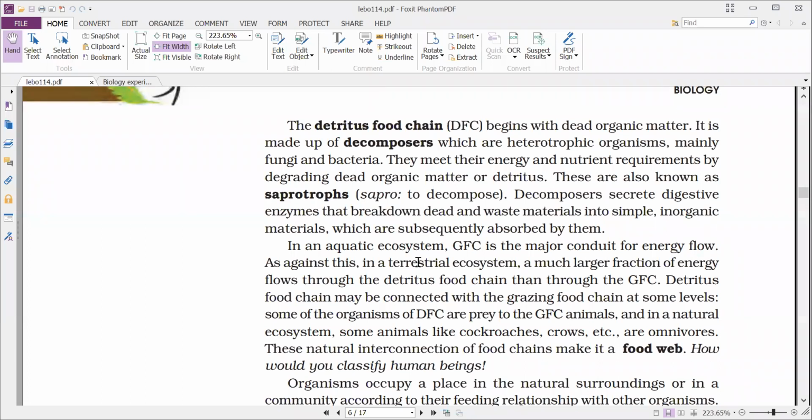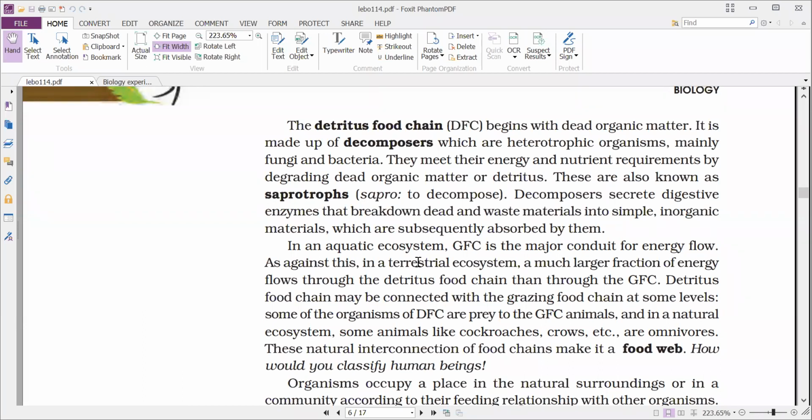It is made up of decomposers, which are heterotrophic organisms. The only food chain which starts with the decomposers or heterotrophs is the detritus food chain. All other food chains start with the producers only.